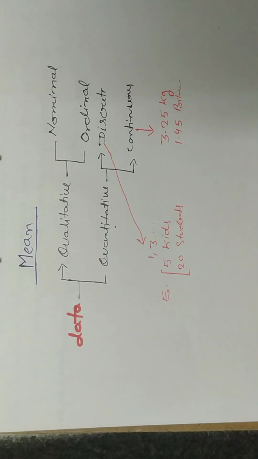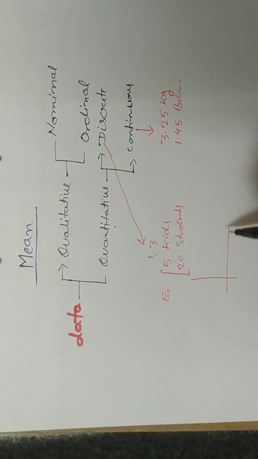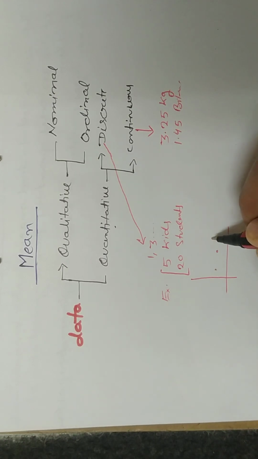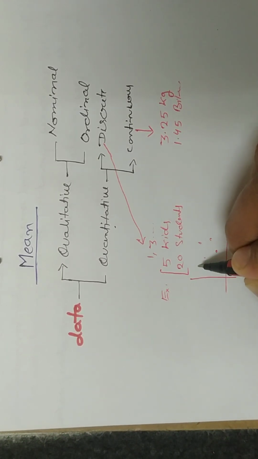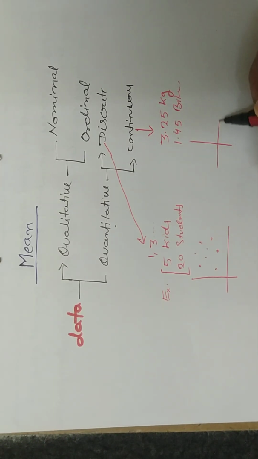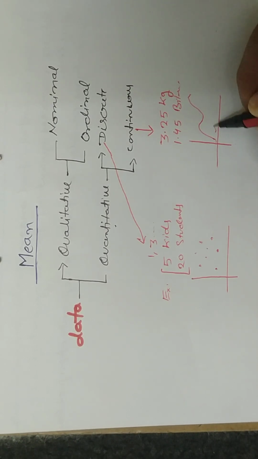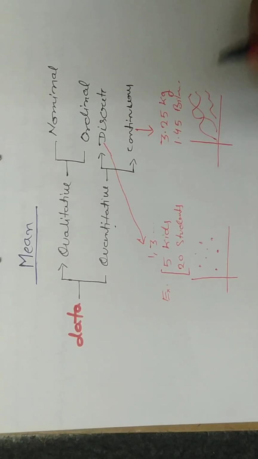So this type of data is known as continuous. Graphically, we can easily understand that in case of discrete data, the data points are separate in the graph. But in case of continuous data, the data points are in the form of a curve like this. Okay, suppose this is a curve.